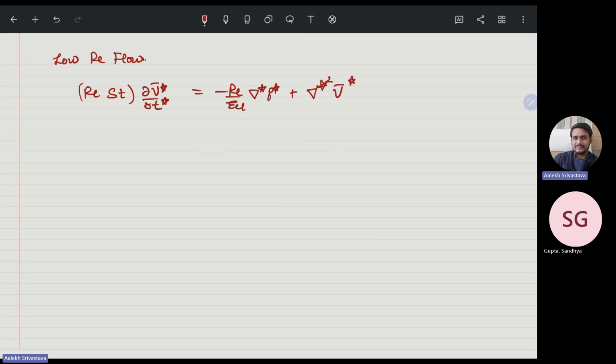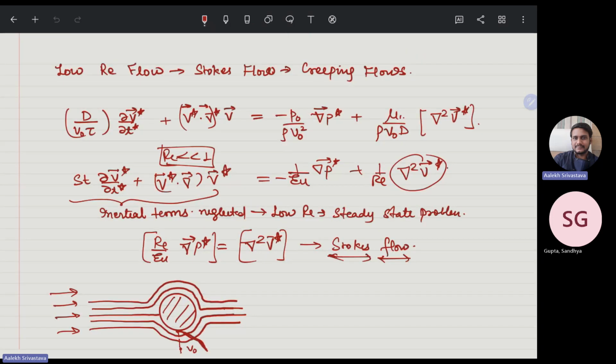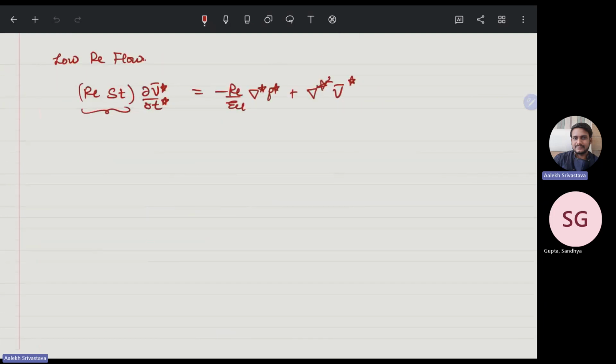Now if you multiply this term with this term, you will get Re times Strouhal number, which is the order of magnitude of d square by nu times Tc, some Tc.